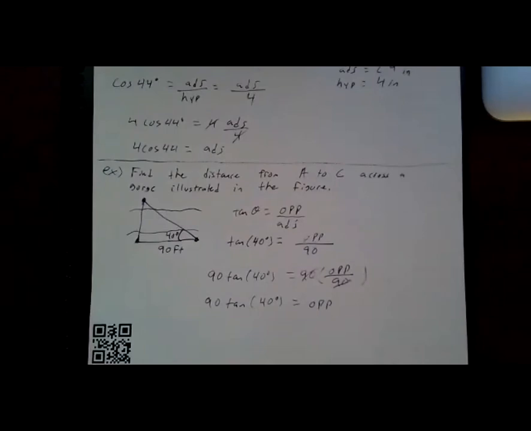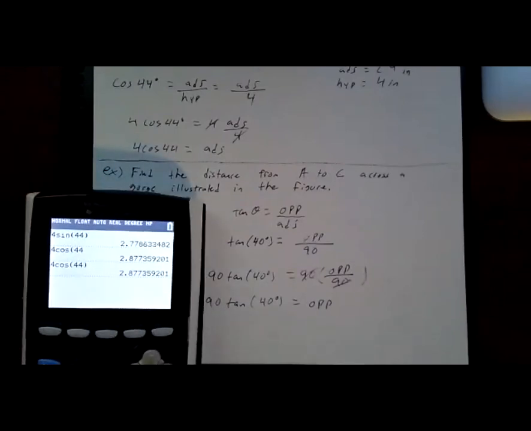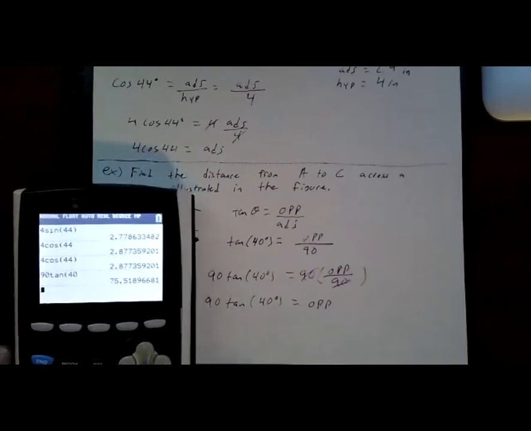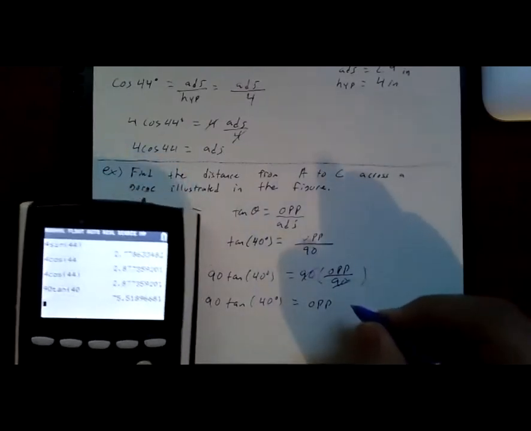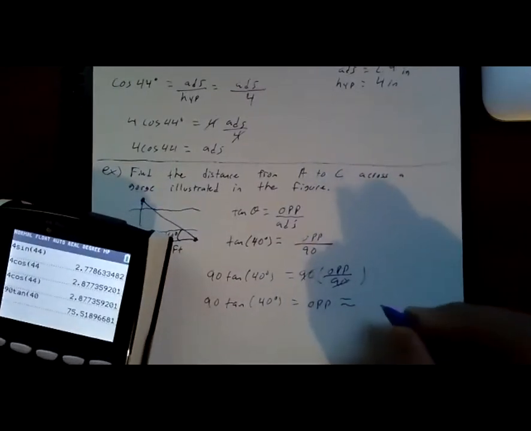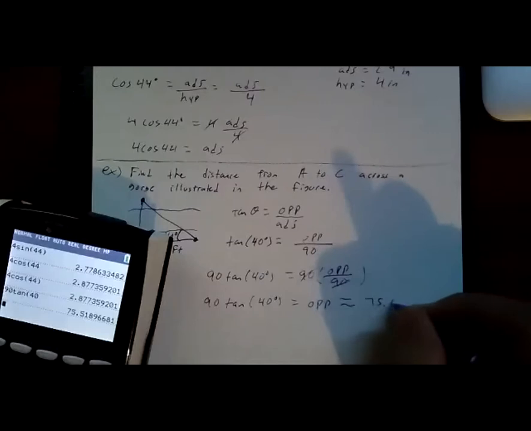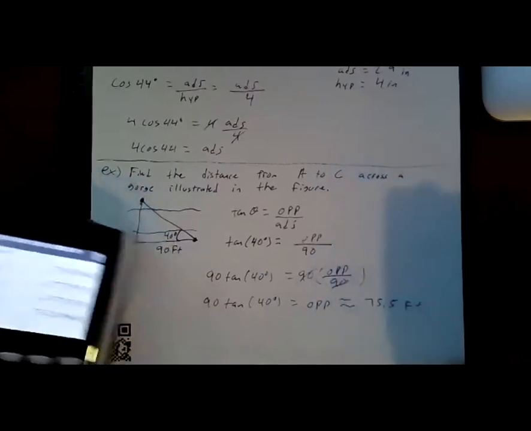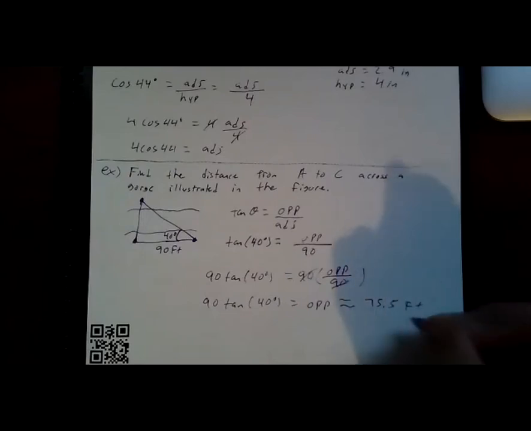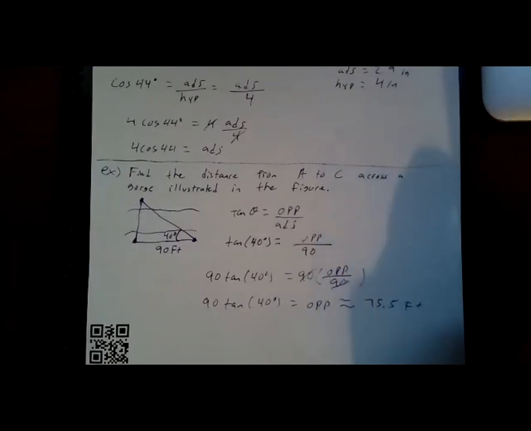Okay. Plug that into your machine. 90 tan 40. Let's round it to about 1/10. Fine. The distance across will be 75.5.